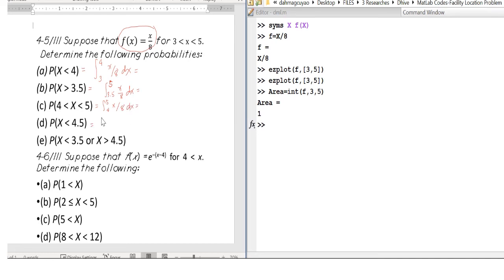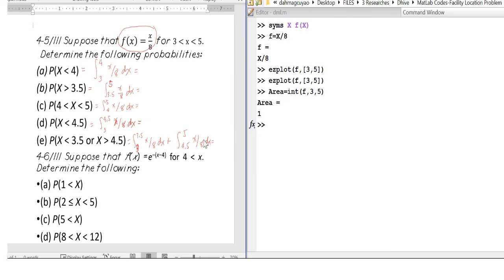Less than 4.5 would be from 3 to 4.5 of x over 8 dx. Less than 3.5 would be from 3 to 3.5, and then 4.5 to 5 of x over 8 dx.